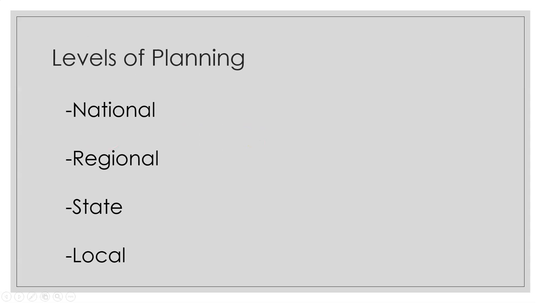All right, for levels of planning, Embry-Riddle Aeronautical University Worldwide details that the different levels of airport planning include national level planning, where the FAA is ultimately in charge of guidance and funding; regional level planning, which is responsible for specific geographical areas; state level planning, which provides services for states; and then finally local level planning, which is at the lowest level. So it's a really collaborative process across different planning levels, to be efficient and effective.